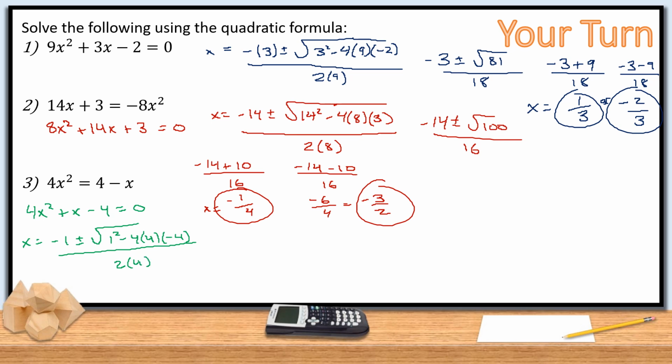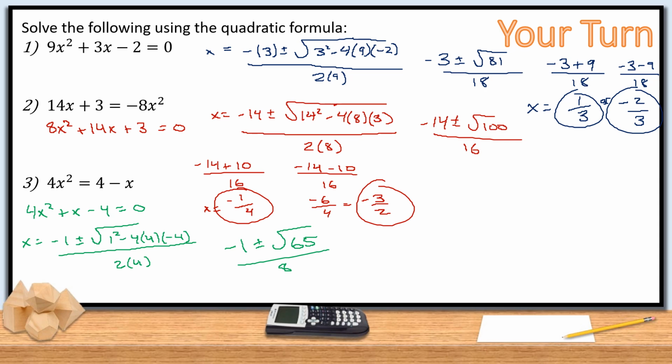All right, so 4 times 4 is 16. 16 times 4 is 64. So we're going to have 1 plus 64 because negatives are going to cancel out. So it's going to be minus 1 plus or minus square root of 65 all over 8.